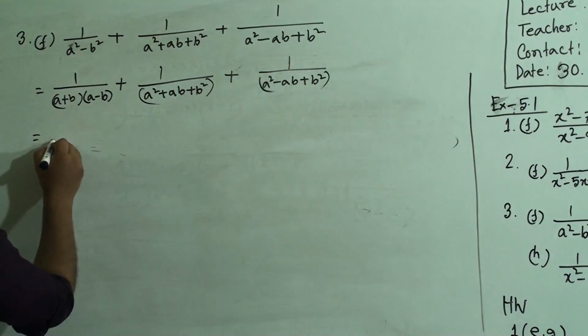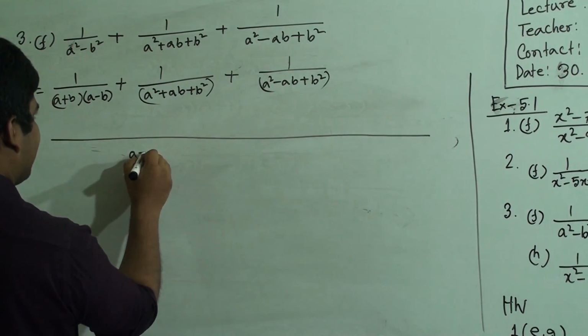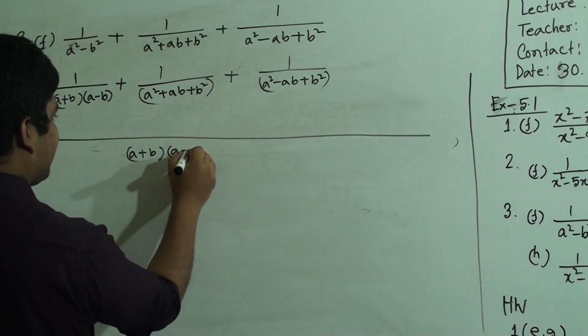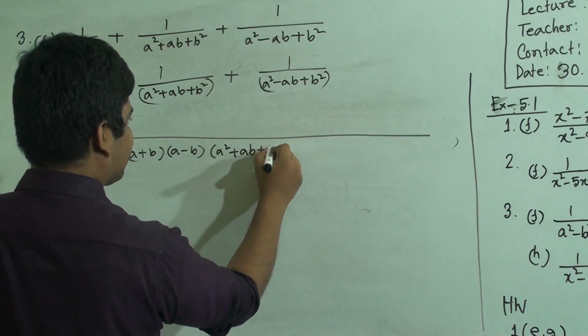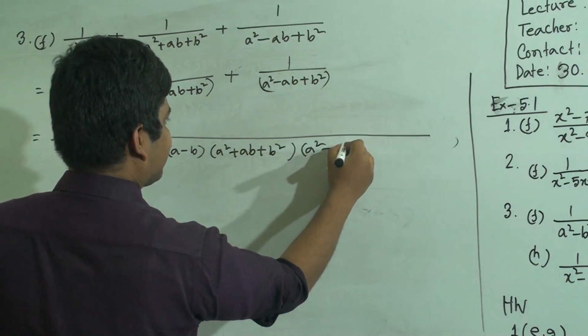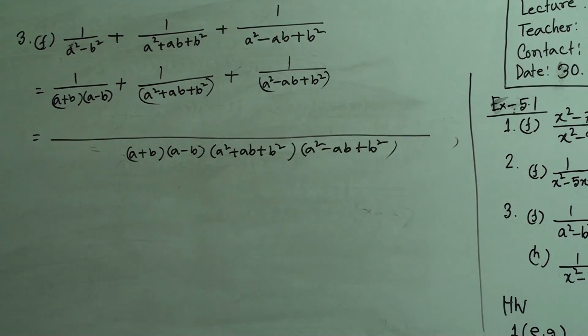So now we take the LCM: a plus b into a minus b, this one a square plus ab plus b square and a square minus ab plus b square. Okay, we know how to get the LCM, common terms and uncommon terms also. Here there is no common term, so all the terms will be the LCM.